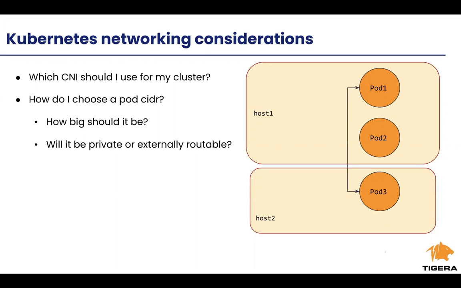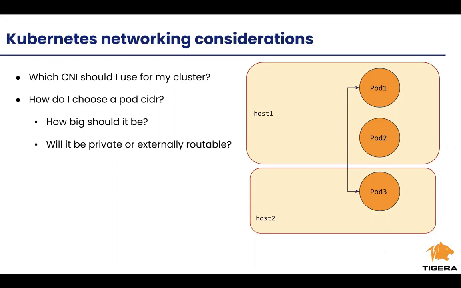When you deploy a Kubernetes cluster, there are a few different things that you need to decide when you initialize your cluster. One of which is the pod CIDR. What is the address space that I'm going to allocate for this cluster that is going to be used to assign IP addresses to pods?